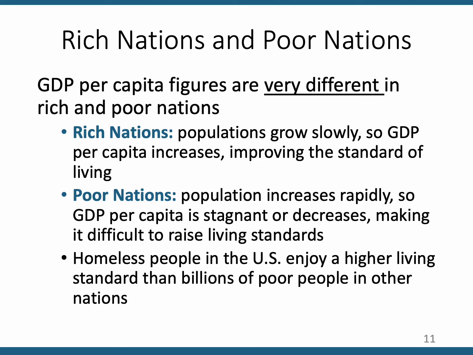Now, as we saw on the previous slide, richer nations, which have slower population growth, find it easier for GDP per capita to go up, whereas poorer nations tend to have higher population growth that makes it more difficult for GDP per capita to go up because you need GDP to be accelerating even faster.